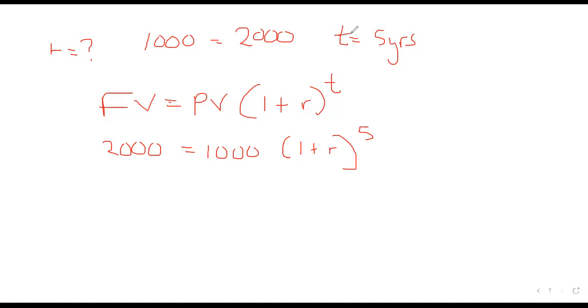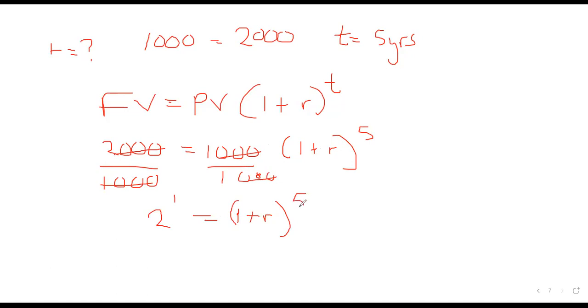So we divide both sides by 1,000. I'm going to have 2 on this side equal to 1 plus r to the power 5. The 1 I put there is just a dummy.